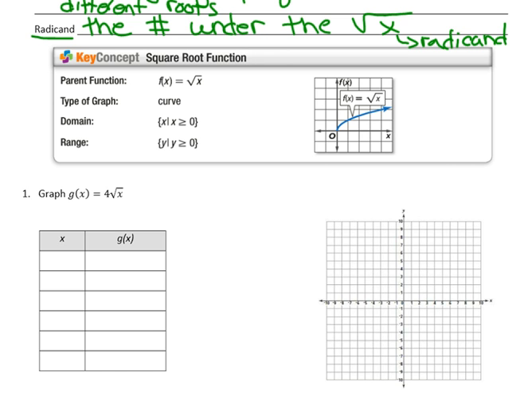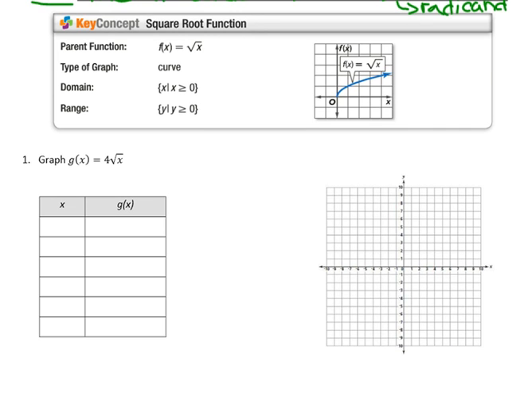All right, so let's take a look. I'm going to start by just making a chart. Here I have the function g of x equals 4 times the square root of x. I'm going to start by putting some numbers in: 0, 1, 2, 3, 4, 5. Some of these are going to end up being decimals.